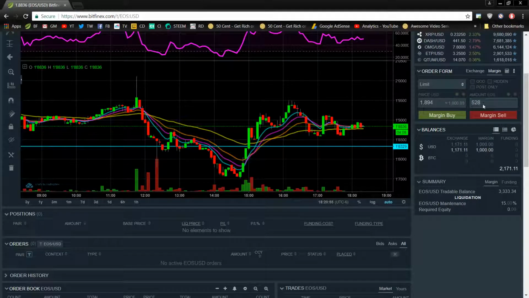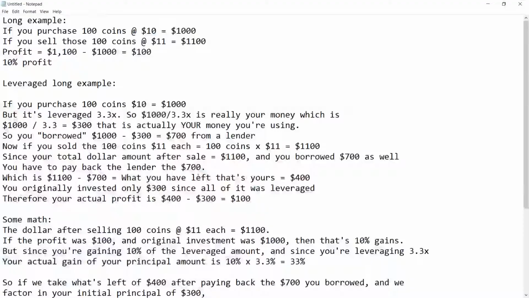So that needs to be really understood. You're basically borrowing, okay? And now we're going to use a round number as an example. Because everything is multiplied by a factor of 3.3, this $1,000 is not really all of the $1,000 that you're spending. The $1,000 is multiplied by 3.3, okay? And we're going to use that as an example.